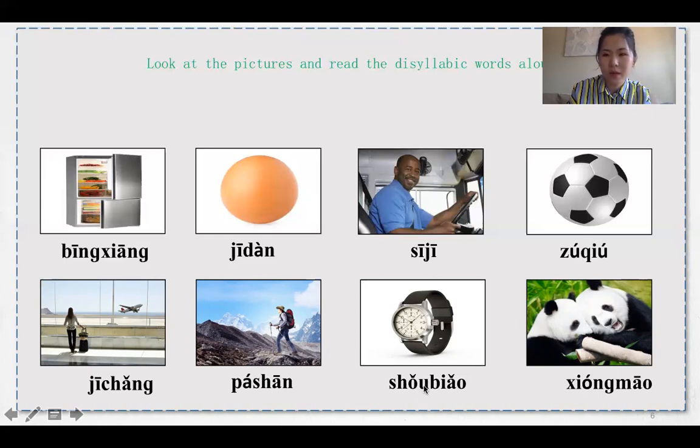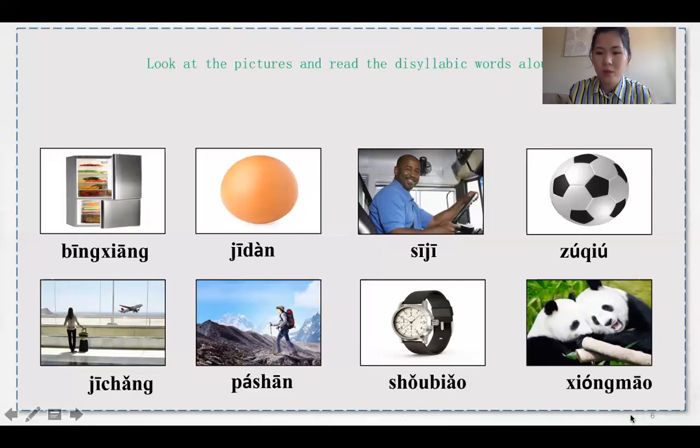So we talked about this last time: when two third tones are together, the first tone changes when you read it to the second tone, right? So it's 手表. Okay, 手表, not 手表. Okay, 手表. This one, panda, 熊猫.